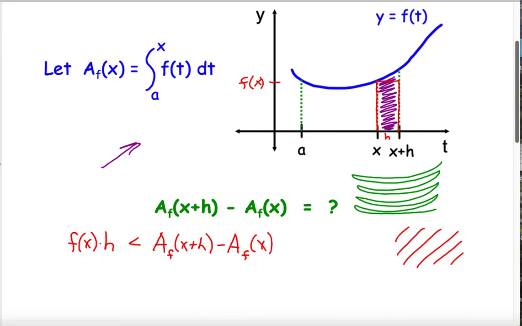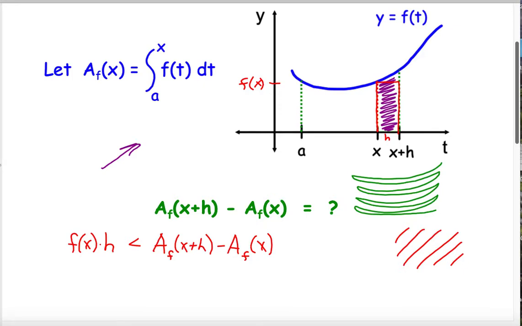On the other hand, if I decided to choose a bigger amount, let's say I use the right endpoint and I make a rectangle going up to the function and over, now the height is going to be f of x plus h, whatever that value is, times the width, which is also h. So that's going to be a little bit more than that area expression that I was trying to figure out.